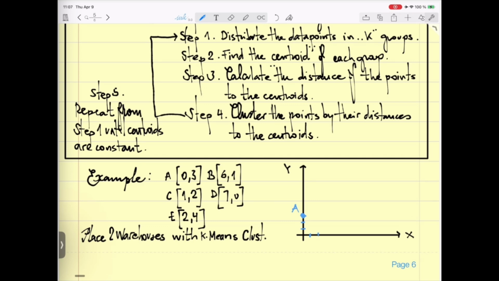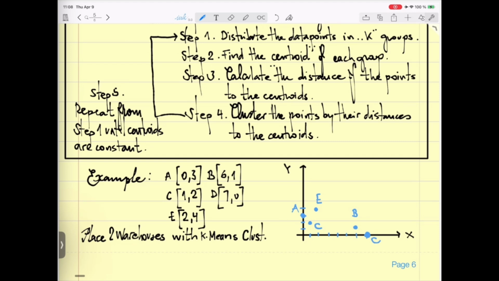So this is going to be B. C is 1, 2. So C is going to be this fellow here. D is 7, 0. So we'll be around here. And E is going to be 2, 4. That's going to be E.